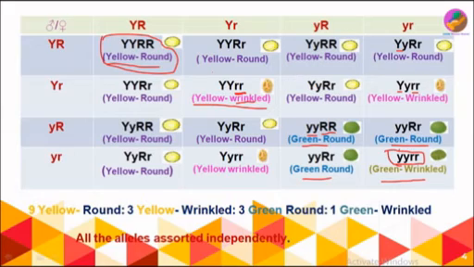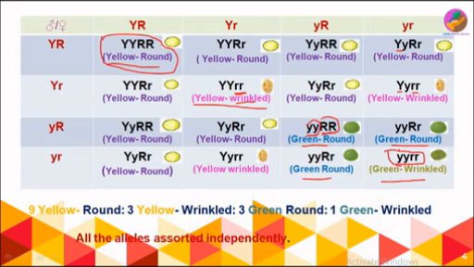So this particular example shows how alleles assort independently and are not affected by the other pair of alleles. This means the alleles of one gene are not affected in their expression by the alleles of another gene.